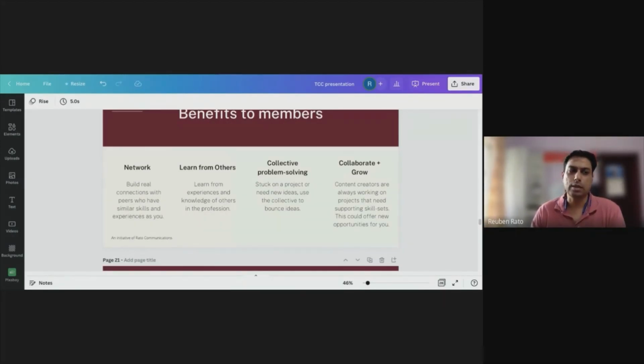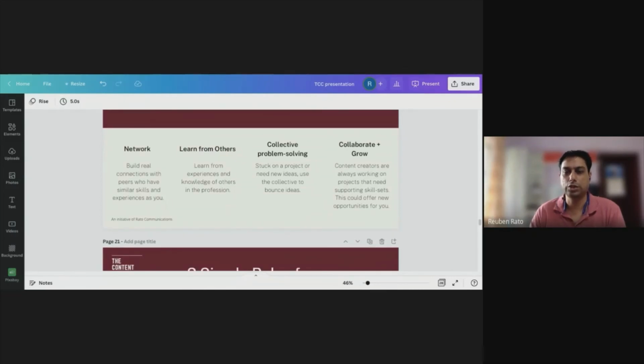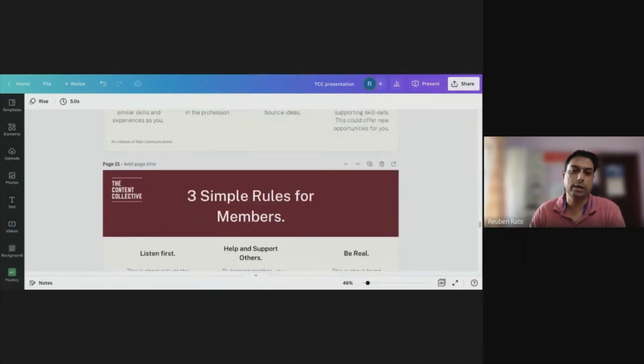Also, the pandemic has led to people getting very fragmented and working in silos. And content creation becomes this thing of 'content karo, do content, make content.' But people don't realize that there is a process, an energy that goes into creating the content. And sometimes content creators also need that energy boost or that shot in the arm. So we hope to do that.